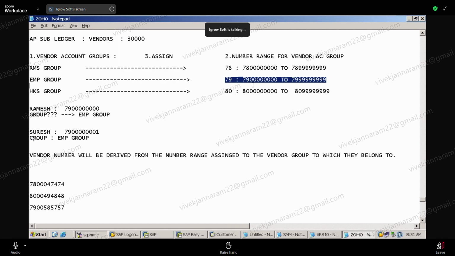We ask them how many groups they have, how they are managing their vendors, and what their numbers are, so that we can replicate that in our SAP system. Maximum we will try. Sometimes it's not possible.